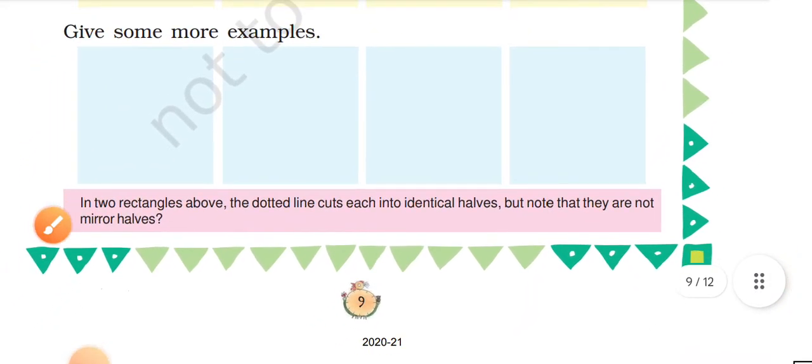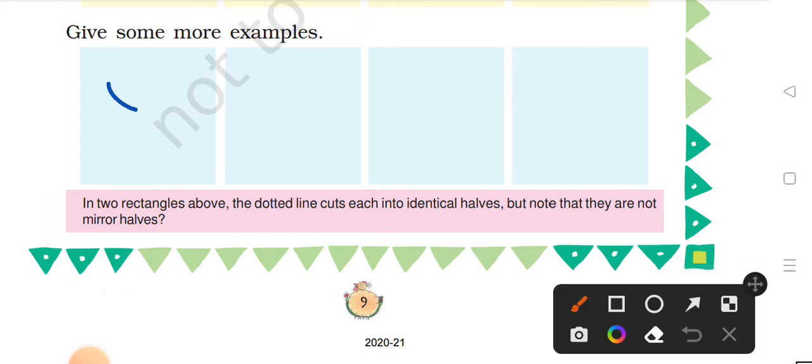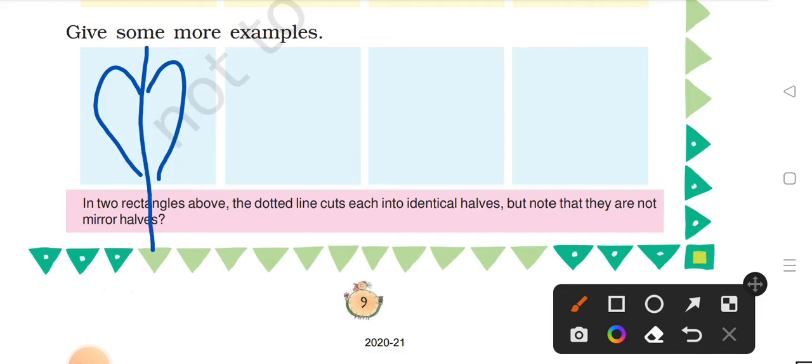We have some more examples. Like we draw the heart. It can divide from this line. Now the M. The M will also divide from that.